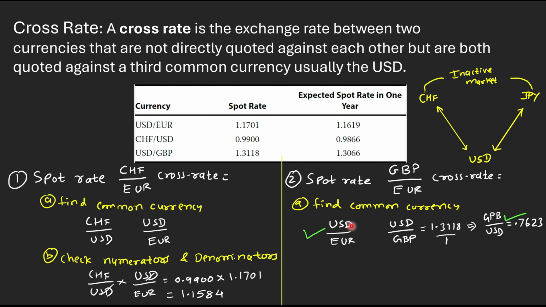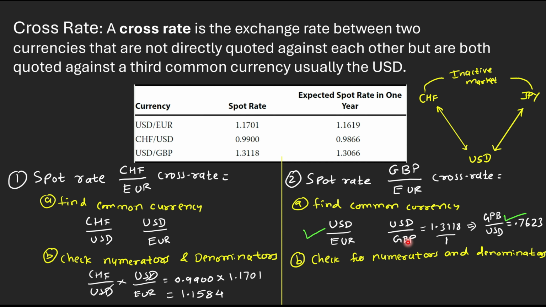Now, the second step is to check for numerators and denominators. GBP needs to be in the numerator. The given information has USD over GBP, where GBP is in the denominator.